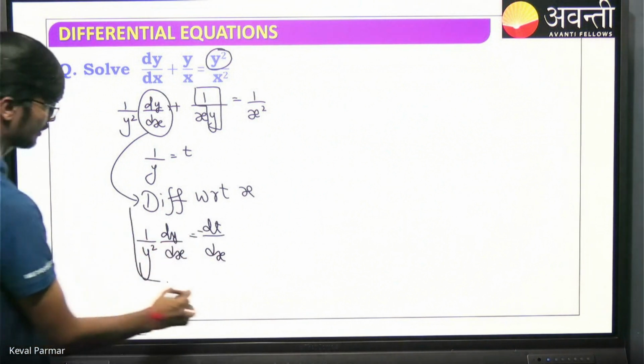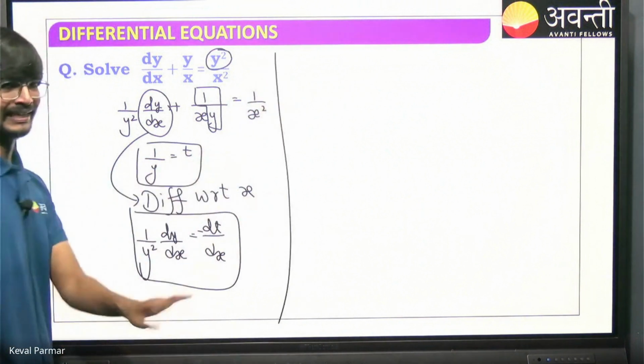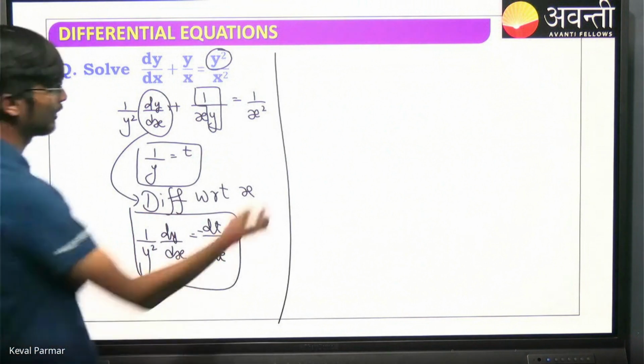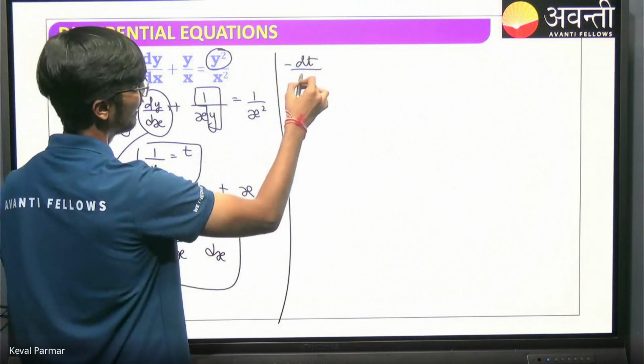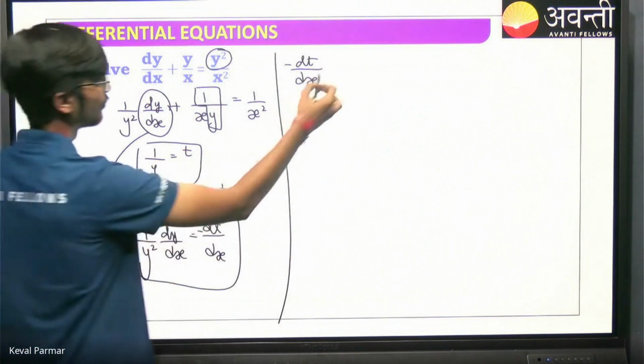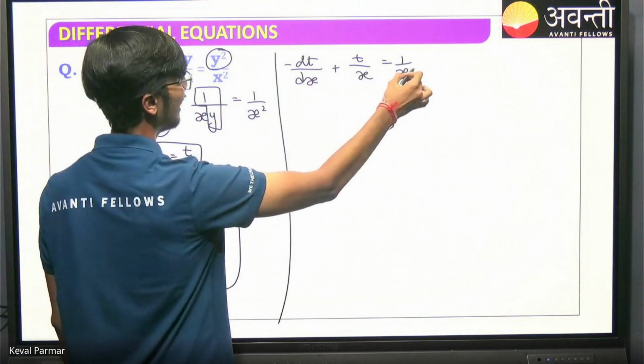So with these two substitutions, my equation will now become linear. How? See, instead of this, we'll put minus dt by dx. In place of 1 by y, t, so I'll get plus t by x is equal to 1 upon x square.